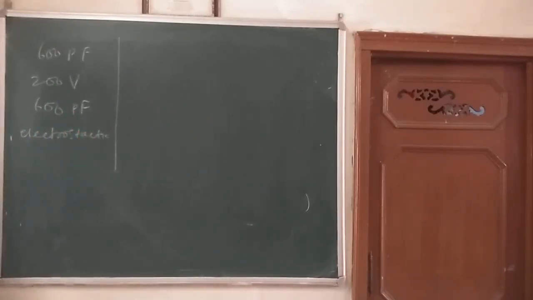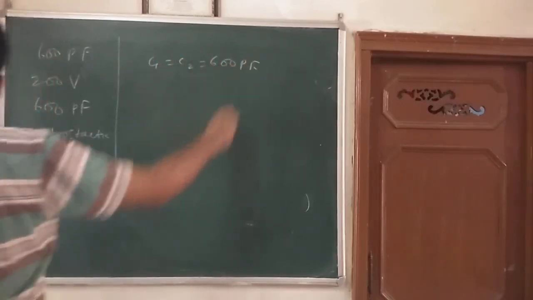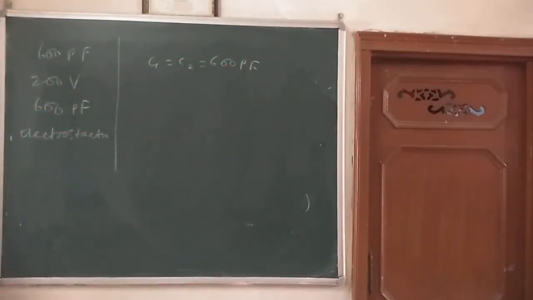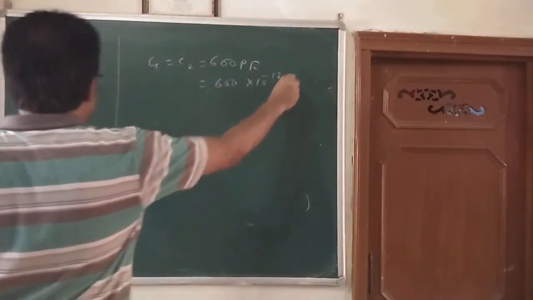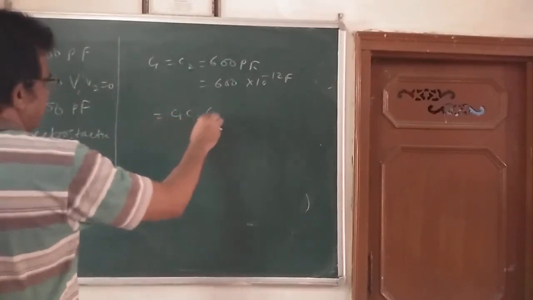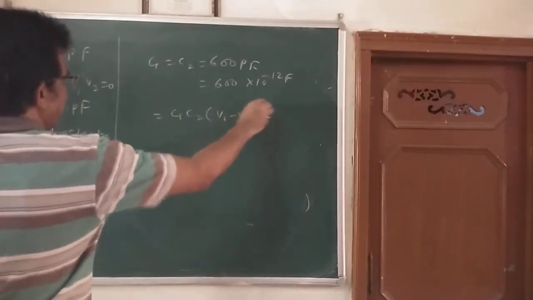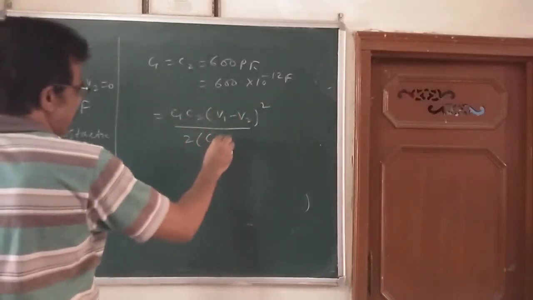Children, the capacitance is given to you, C1 and C2 are 600 picofarad. What is the meaning of pico? 10 raised to power minus 12. So 600 into 10 raised to power minus 12 farad. V1 is given as 200 volt and V2 is given as 0. So our formula for the energy lost is C1 C2 into (V1 minus V2) whole square divided by this one, which we just derived.